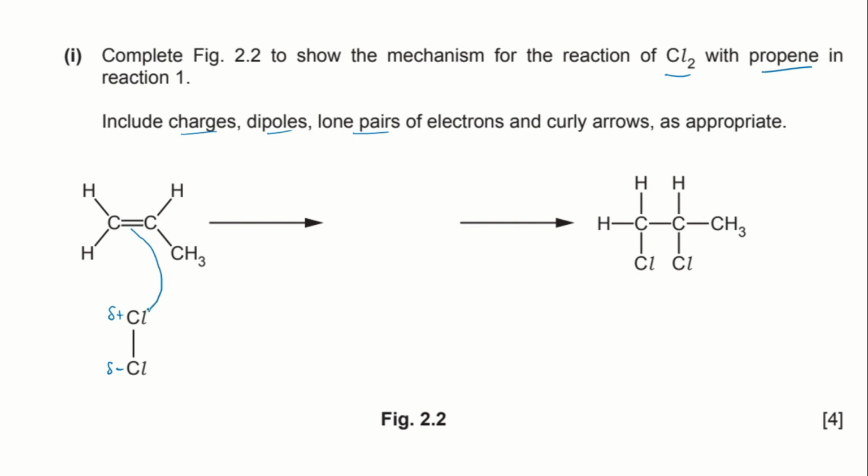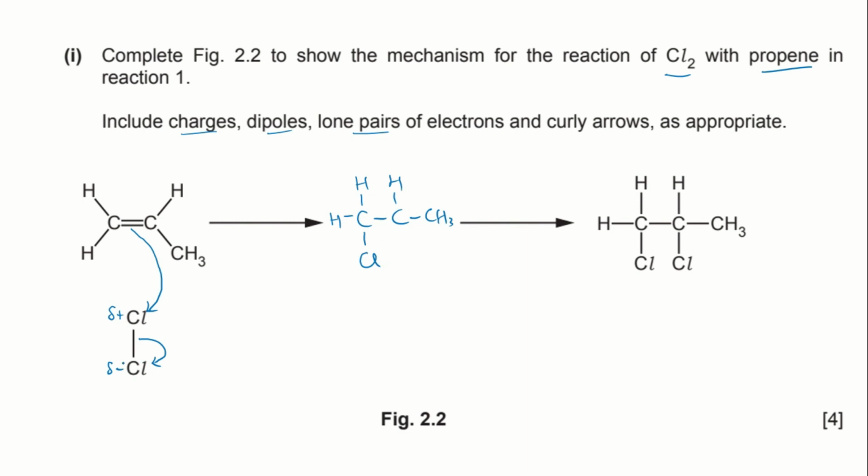Then the pair of pi electrons, we need to show an arrow from the pi electrons to the partial positive chlorine. After that, the breaking of this Cl-Cl bond. In the middle, we have an intermediate. This pi bond is broken. No change to the 4 groups bonded to the 2 carbon. One new bond is formed between C and Cl.